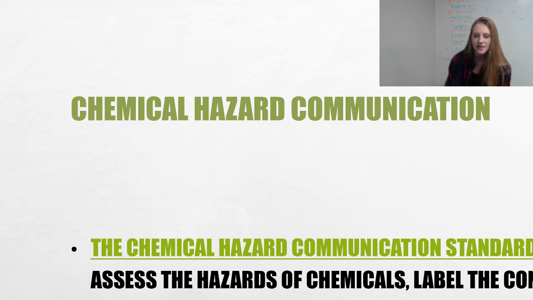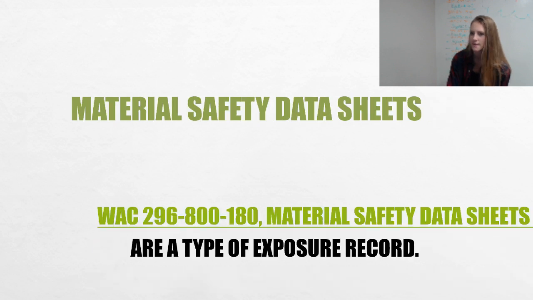So the chemical HAZCOM standard, I believe we talked about HAZCOM earlier this month, or last month, requires manufacturers and importers to assess the hazards of chemicals, label the containers with hazards, and provide MSDSs. Employers must provide employees with information on the hazards of chemicals they are exposed to.